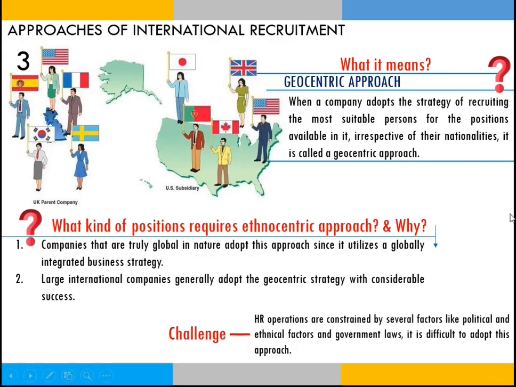Because it's not just about culturally managing the employees, but government laws and the attitude of the political parties also impact the prospects. But by and large, the concept of recruiting the talent wherever it is best available seems to be a very rational approach from an HR point of view. So this is called your geocentric approach.